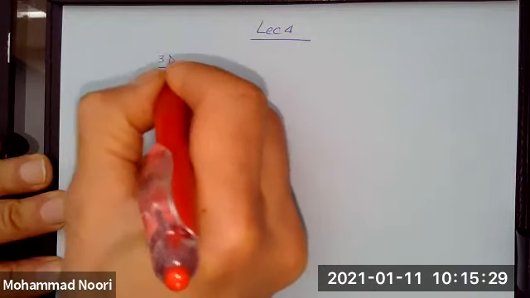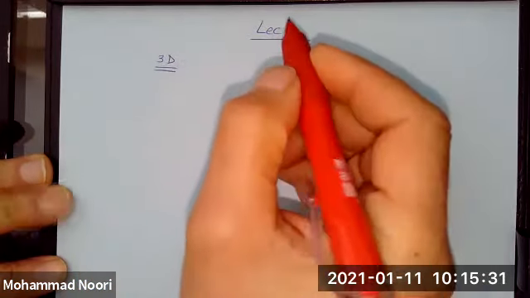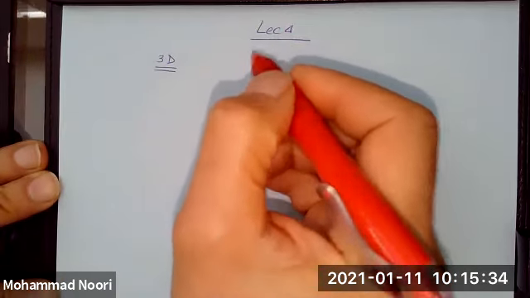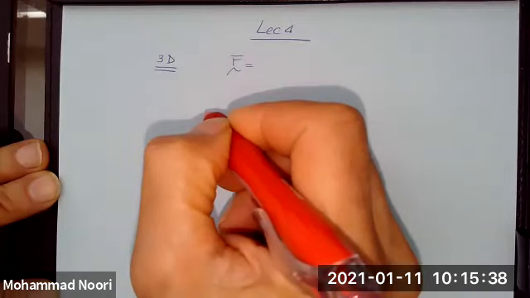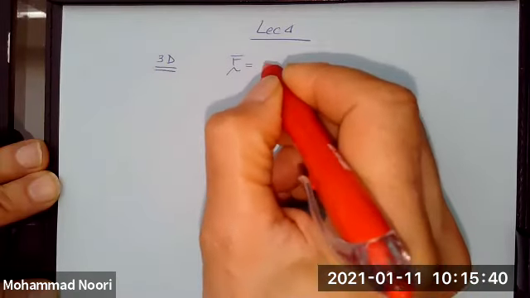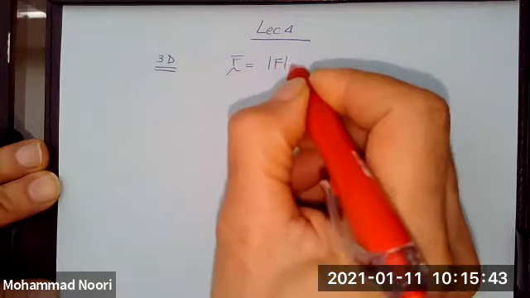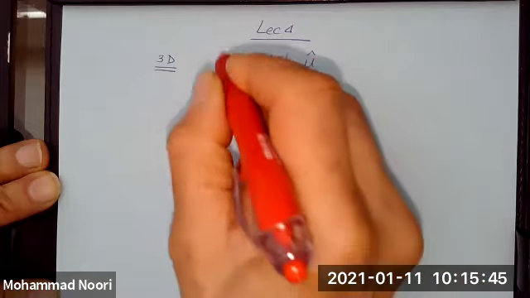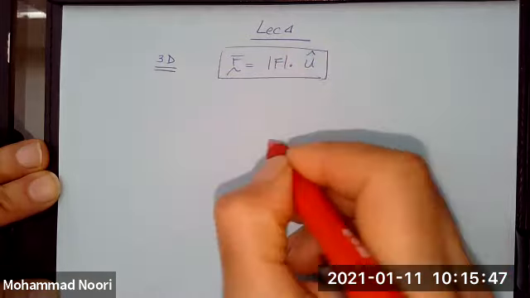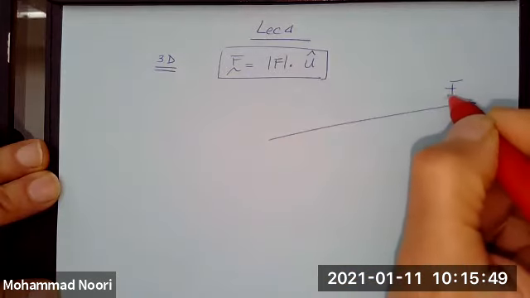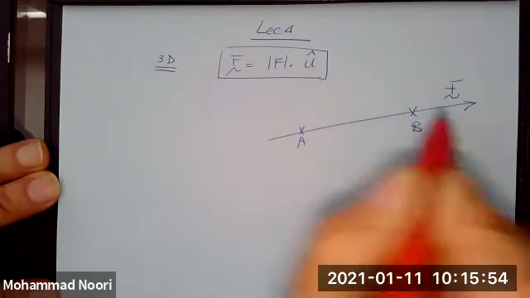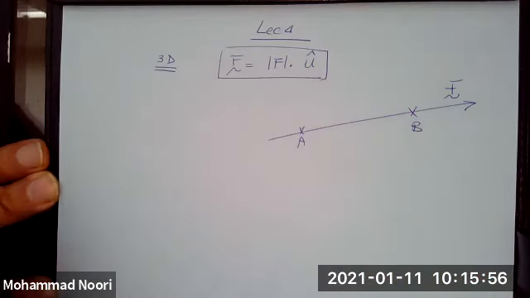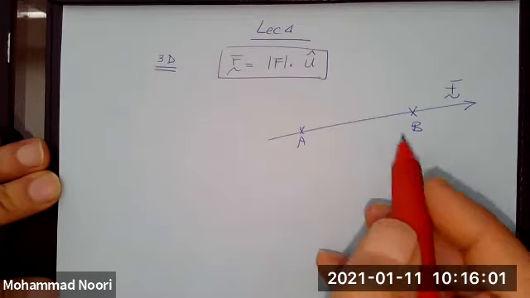Last time we discussed 3D representation of forces, and we demonstrated how you set up the vector equation for a force, which is typically given by 2 points, coordinates of 2 points acting along the direction of that force.